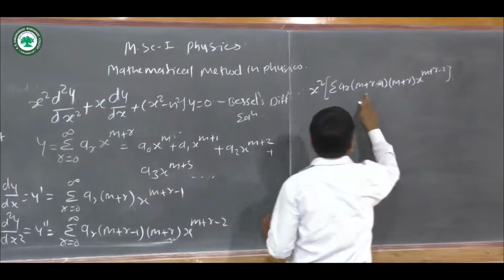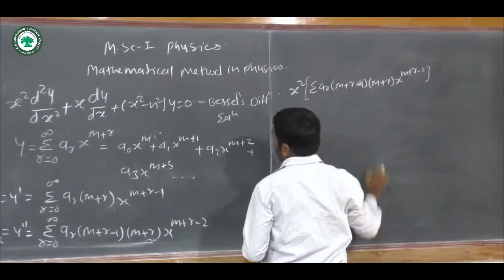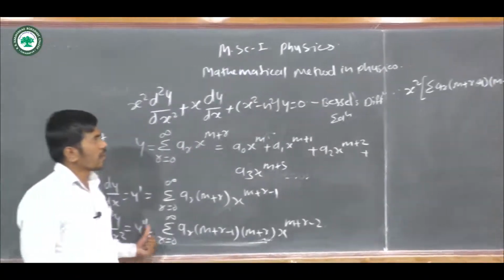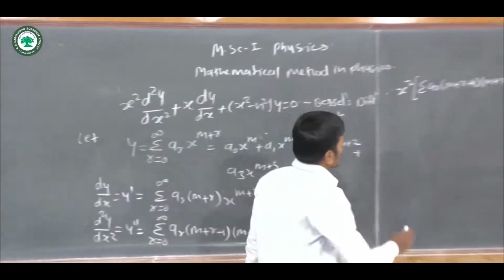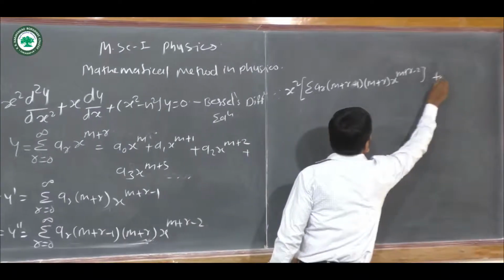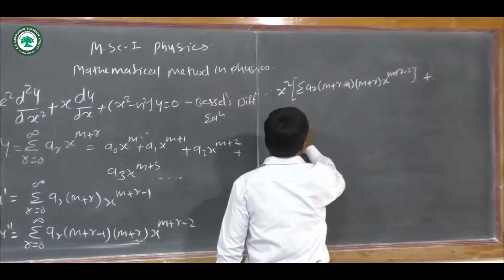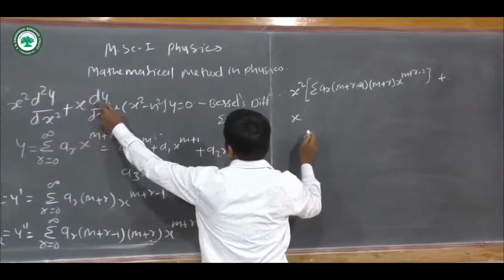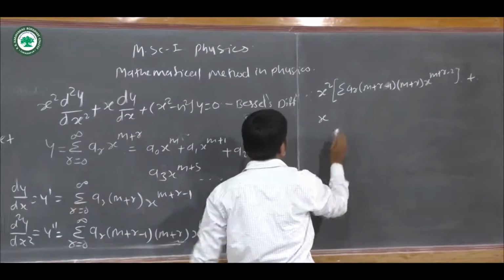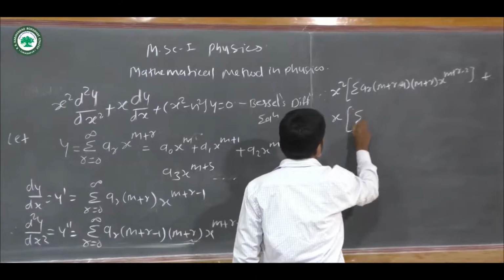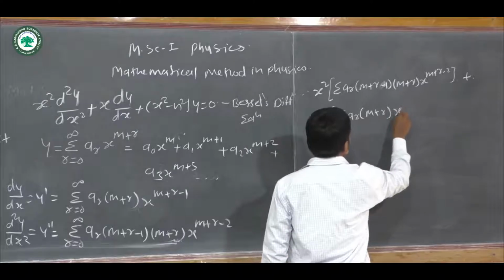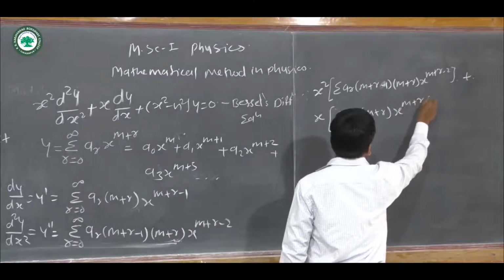This bracket is for y double prime. For the next term, plus x for the dy by dx, that is y prime, so it is x into summation a_r (m plus r) x power m plus r minus 1.